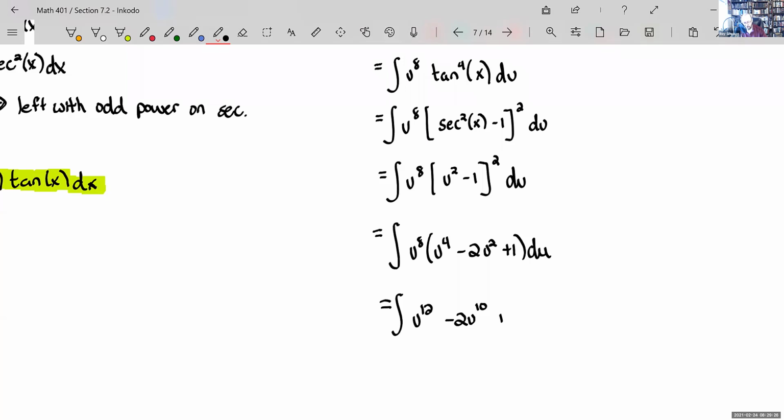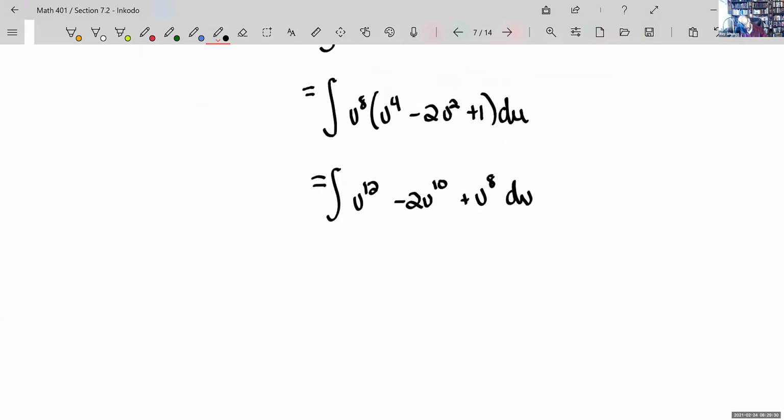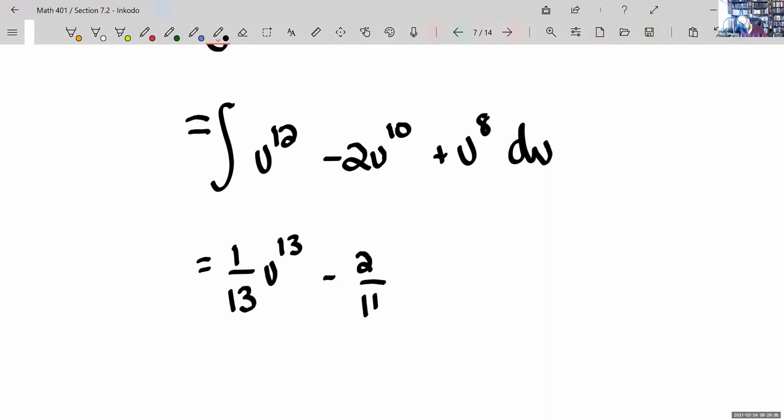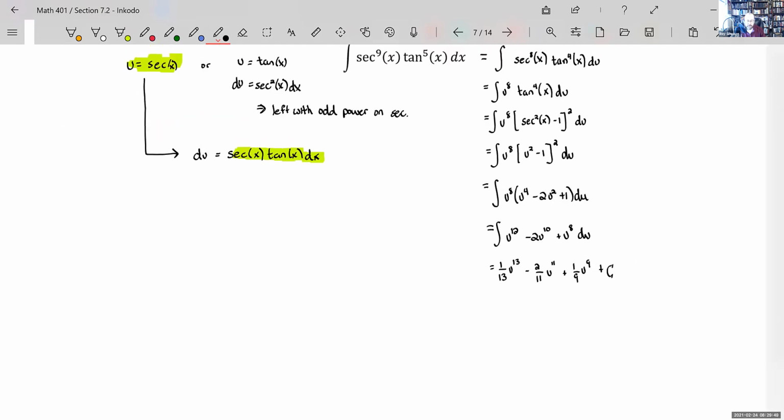And now I'll just do the antiderivatives. So that'd be 1/13th u to the 13th minus 2/11, u to the 11th, plus 1/9, u to the 9th, plus c, because it's an indefinite integral, and then substitute in what u was, which is secant.